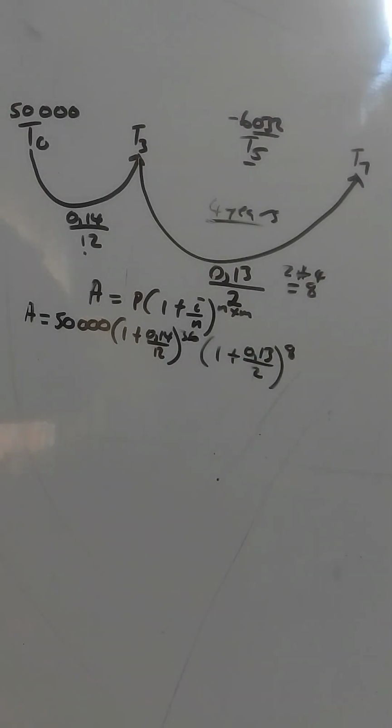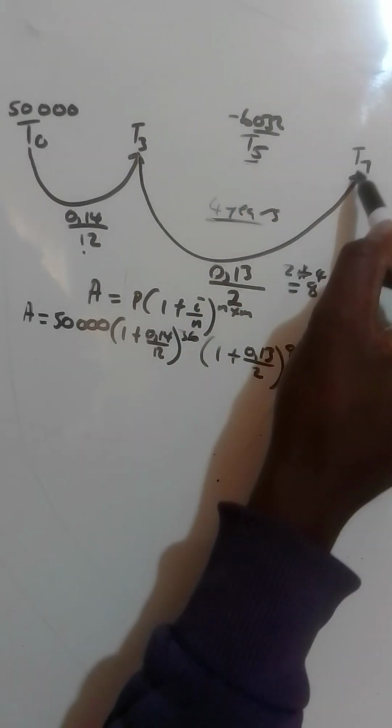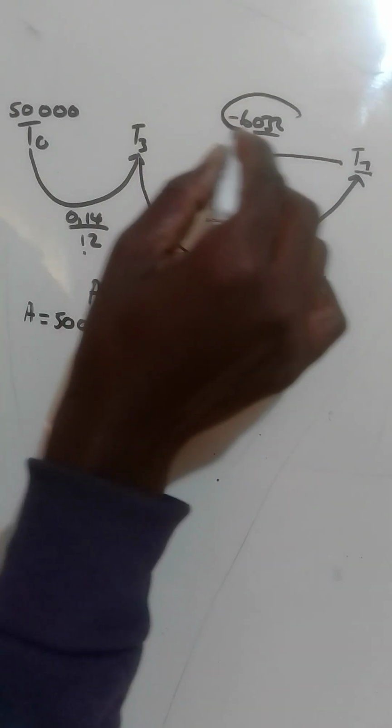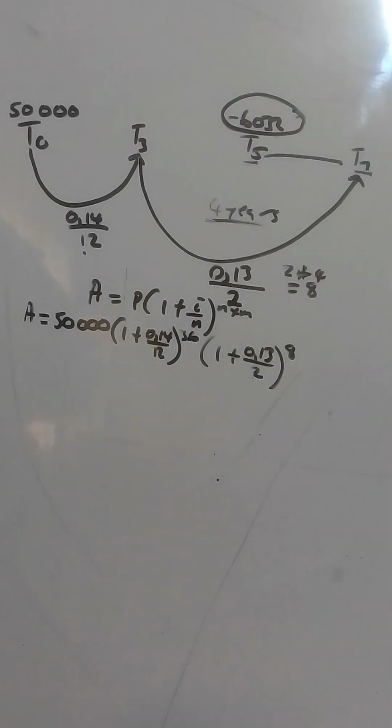But remember, we're told now that in year number 5 here, Mr. Mungayi withdrew 6,032 rands, which means that from year number 5 to year number 7 here, Mr. Mungayi withdrew 6,032 rands. But that's not only the money that he is not going to get.